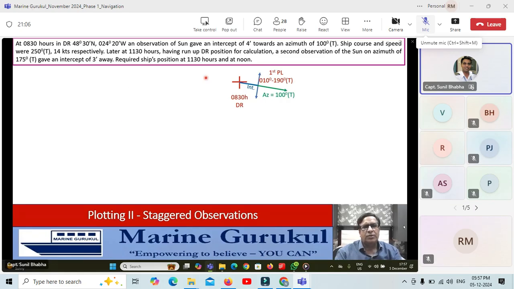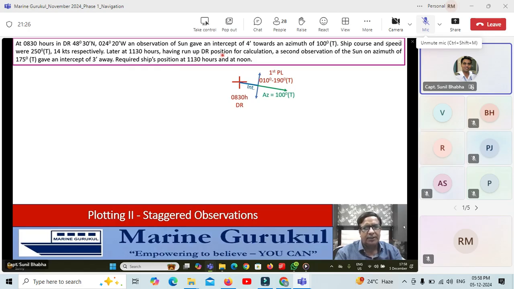So in this question, what makes better sense is that we transfer the 8:30 DR, and with respect to the transferred DR, that is the 11:30 DR, we plot the first PL transferred and also the second PL. So please pay attention to the question.